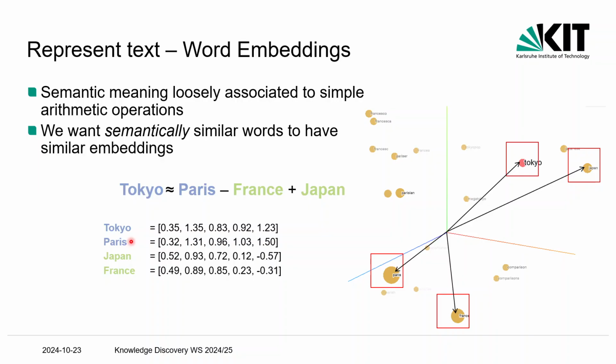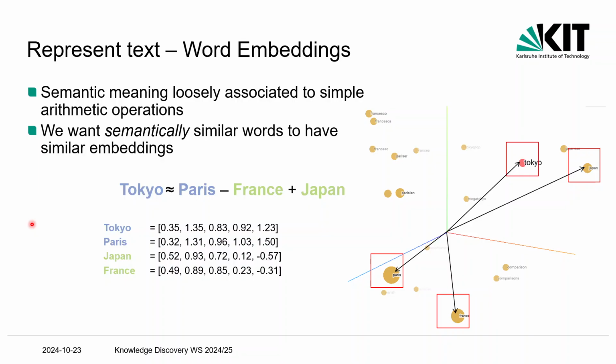For instance, if we have Paris, but we remove France from it and we add Japan to it, then that should be more or less equal to Tokyo. So here we have a visualization of the different vectors. If we take Tokyo over there, and say it's Paris, but we remove France and add Japan, then it should get to Tokyo. This is the idea behind word embeddings.